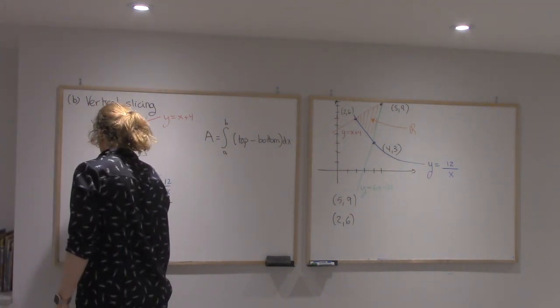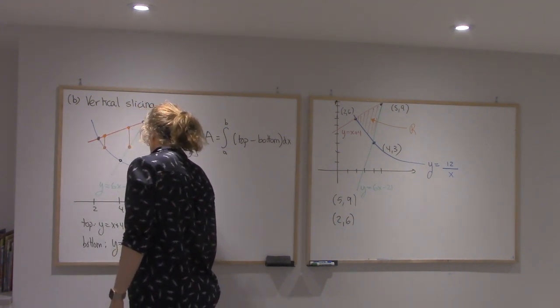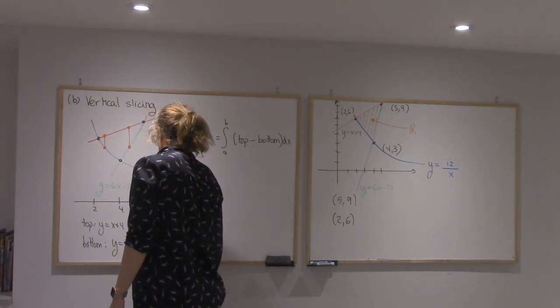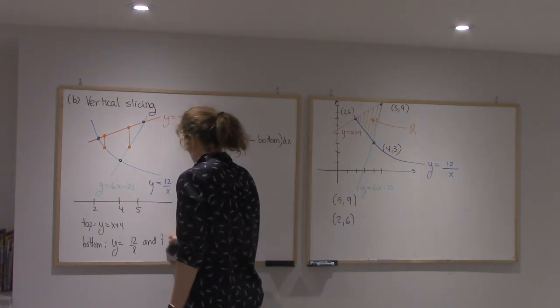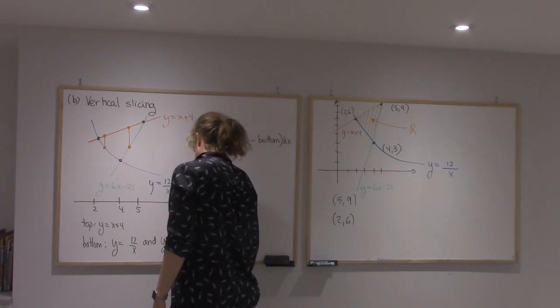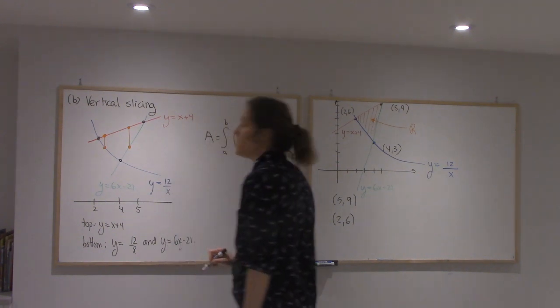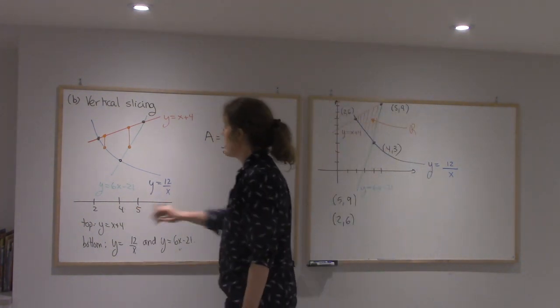So bottom is y equals 12 over x, and then y equals 6x minus 21.